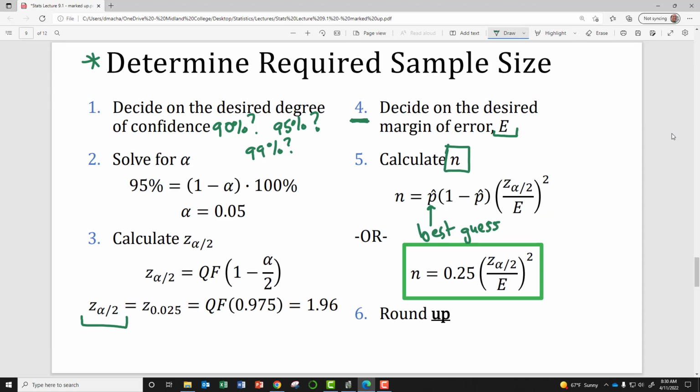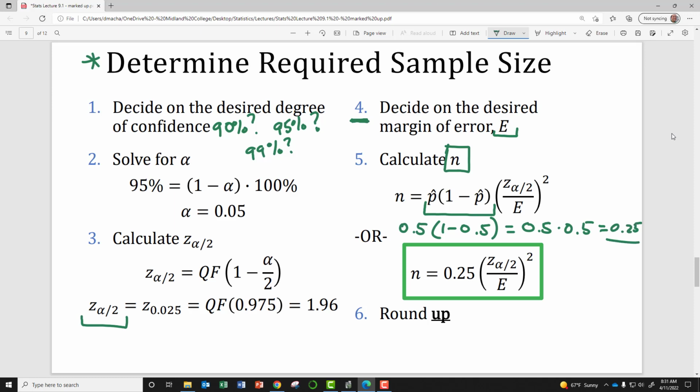If you don't have a good idea of what p hat should be, or you don't have a strong idea of what that population proportion is, you don't have a best guess, then the next best thing you can do is just to plug in 0.25. You might ask, why 0.25? Well, 0.25 is actually the largest possible value you can get from multiplying p hat times 1 minus p hat, because if p hat were 0.5, this would be 0.5 times 1 minus 0.5, which is equal to half times half, which is equal to 1/4.